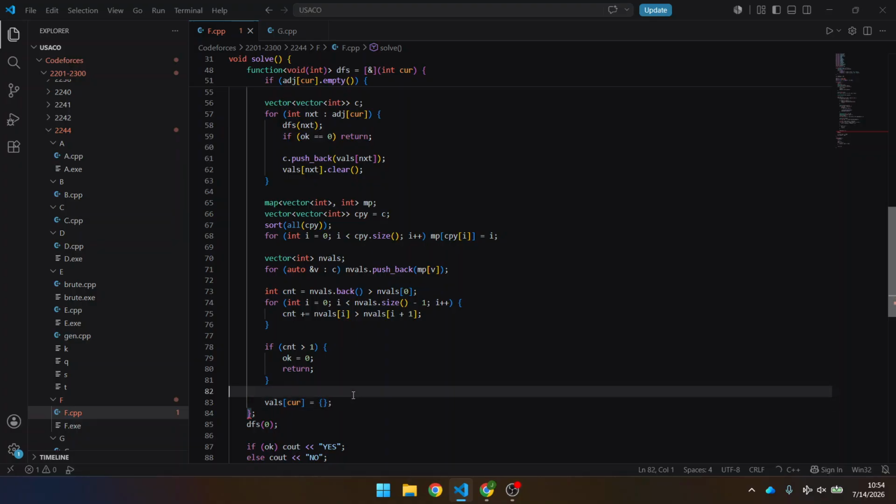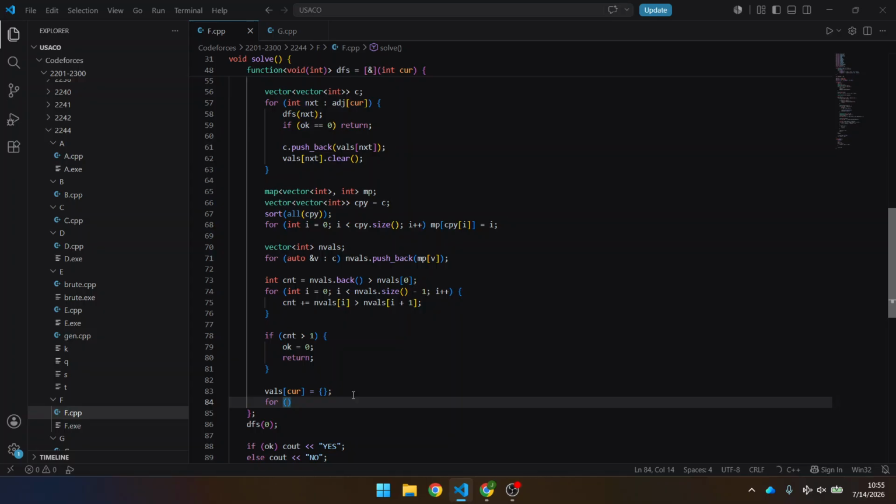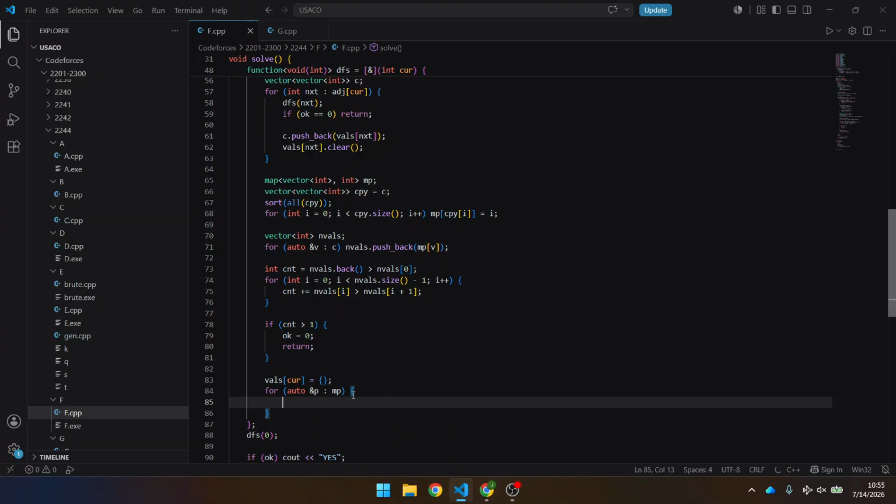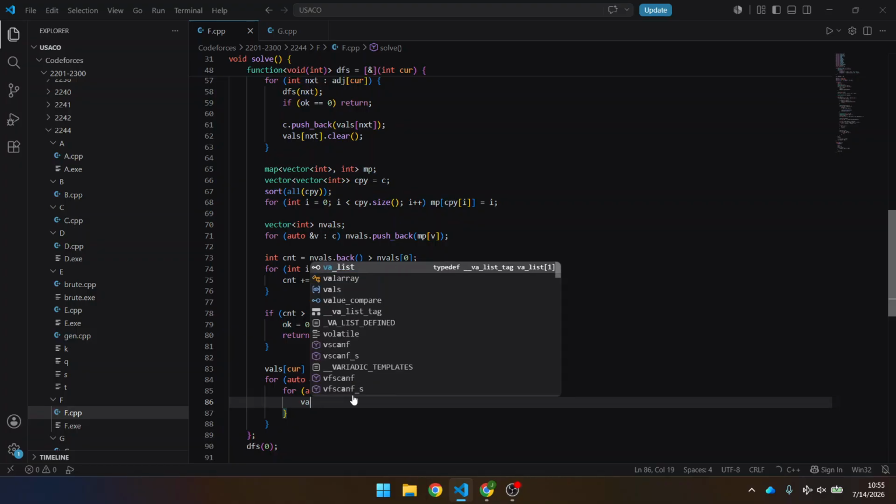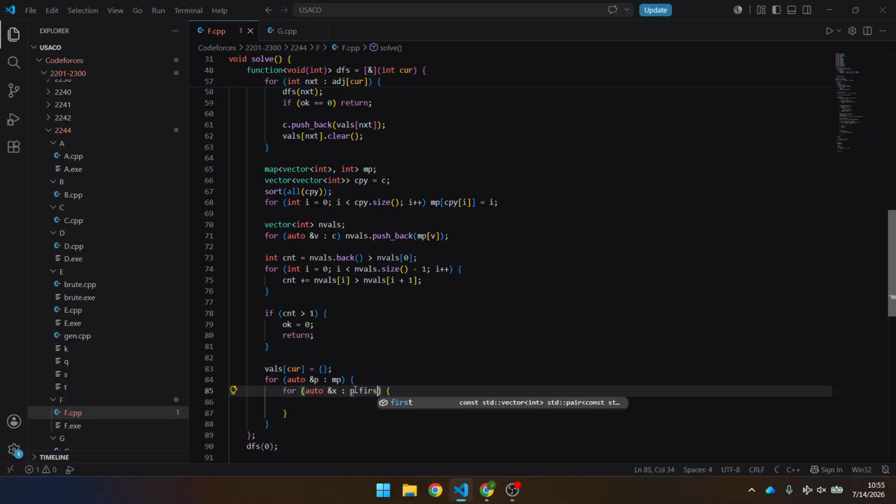Okay. For all MP map, for auto indexing, MP dot first, vals cur dot pushback X.